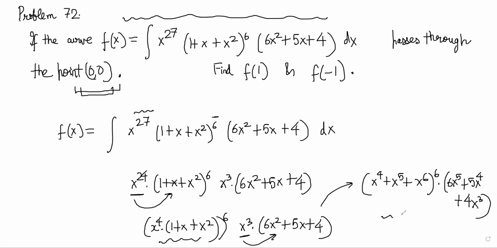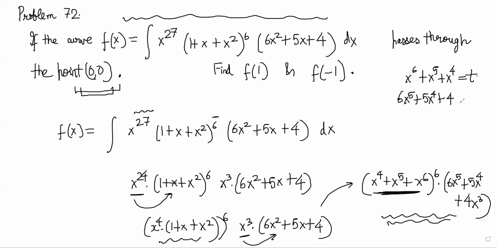Now, why is this good? This particular split of the x power 27 works because now you can take x power 6 plus x power 5 plus x power 4 as your variable t, and therefore (6x power 5 plus 5x power 4 plus 4x power 3) dx will be your dt.